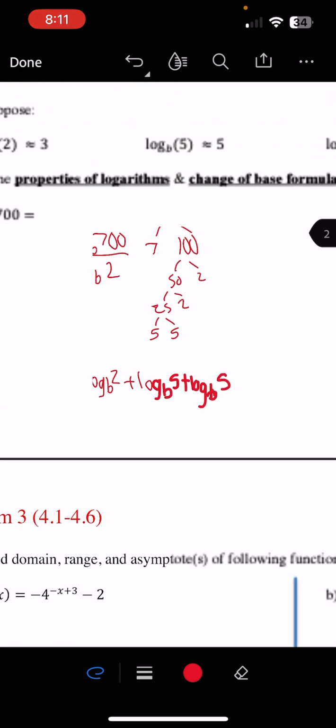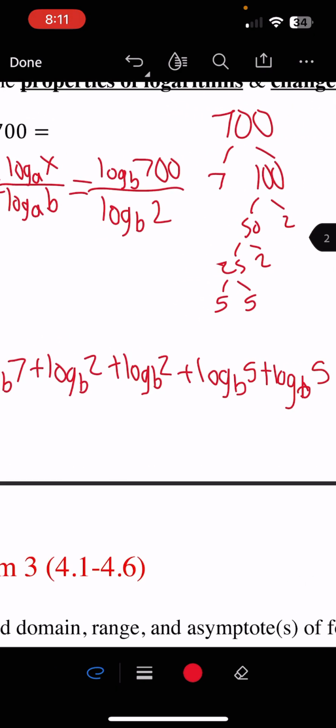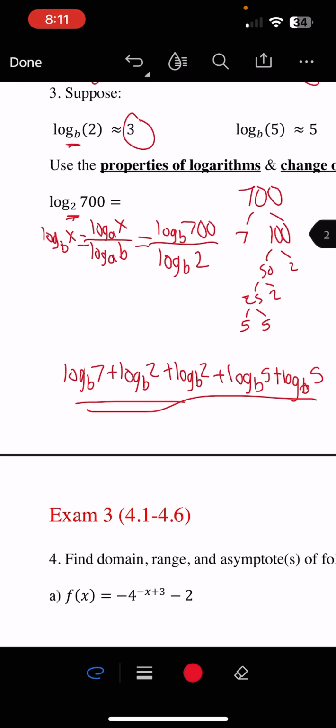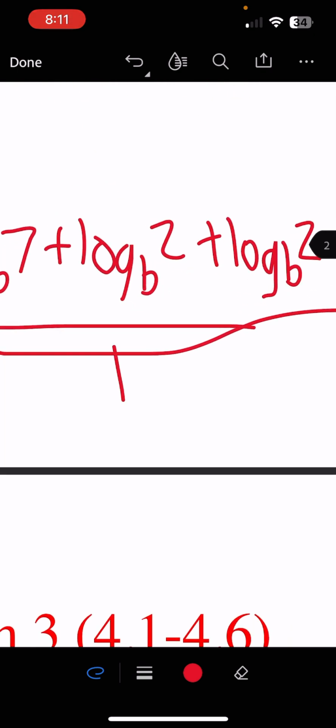And all of this is going to be over log base b of 2.